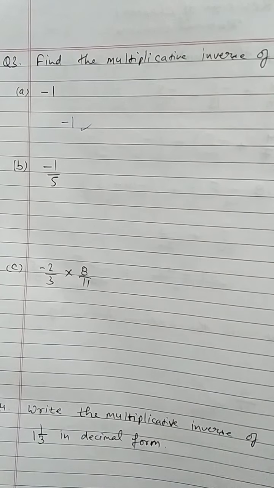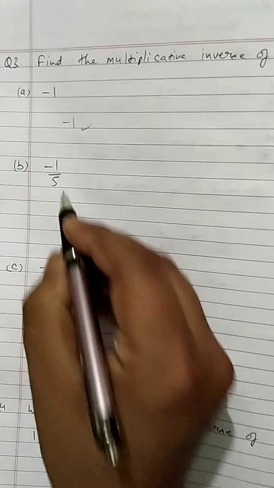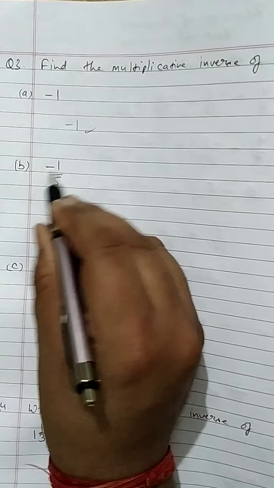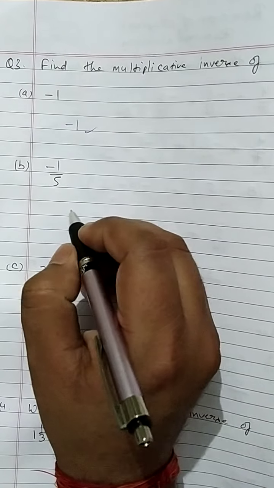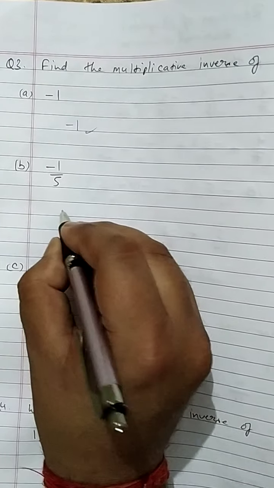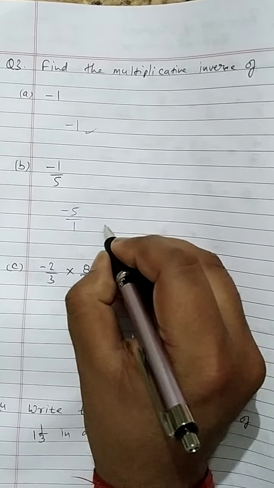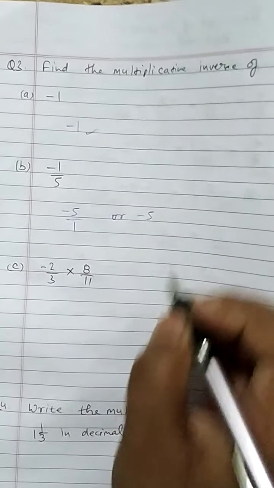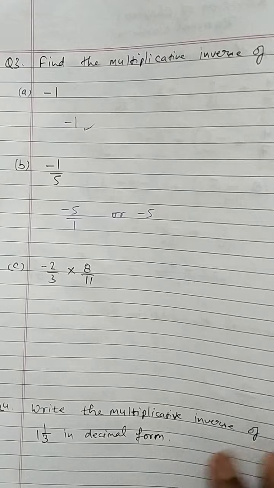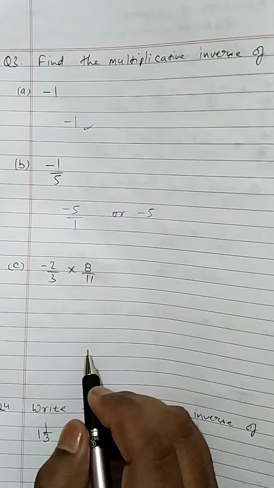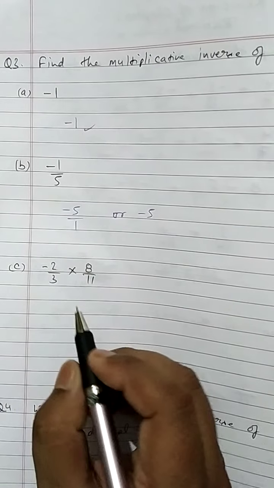Okay, that is done in the case of additive inverse only. And here minus 1 upon 5 is written, so its reciprocal will be minus 5 upon 1, or simply minus 5.